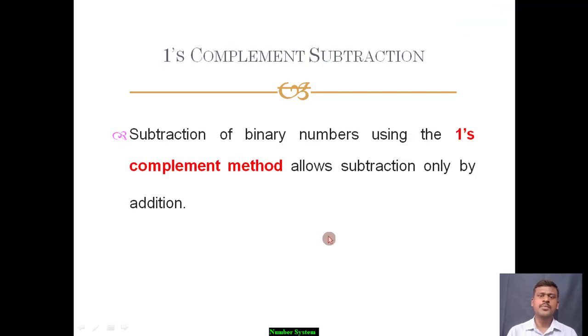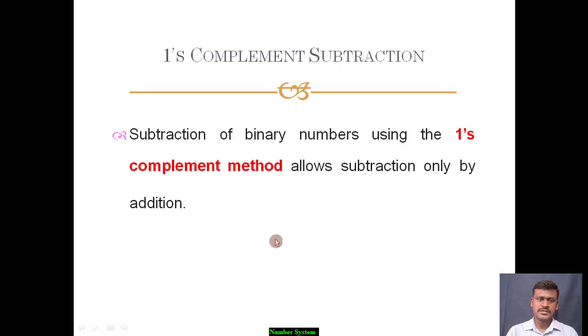Next is ones complement subtraction. Now we have seen the subtraction method, right? We will use that in complement also, but differently. Subtraction of binary numbers using the ones complement method allows subtraction only by addition.